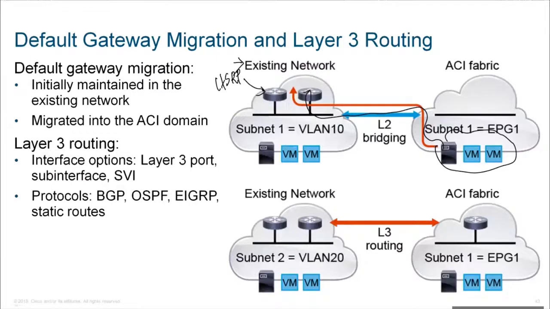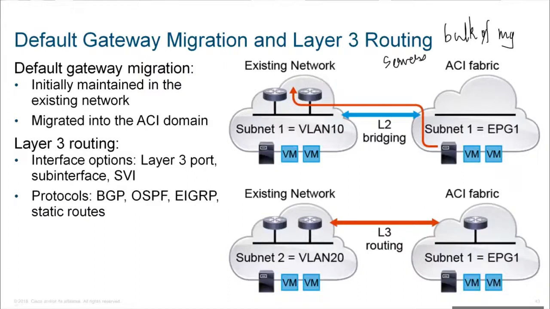But once I move the bulk of my traffic into ACI, I would turn off the HSRP here and then enable the default gateway as SVIs on the leaf switches.